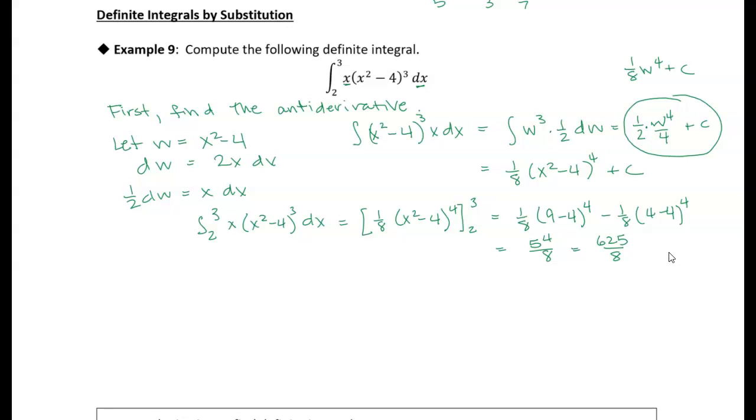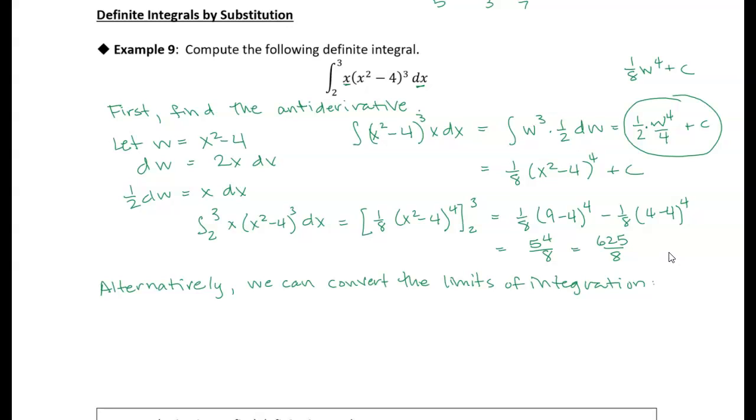I can actually evaluate the antiderivative in terms of w if I convert my limits of integration. So let me show you how you can do that.